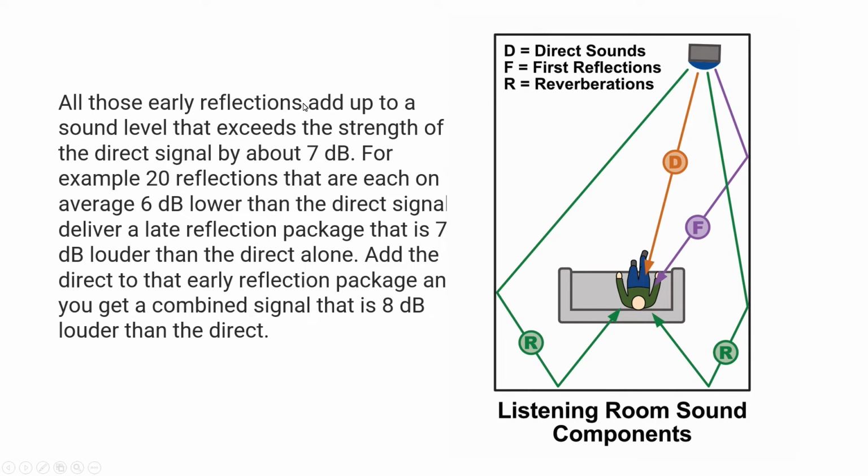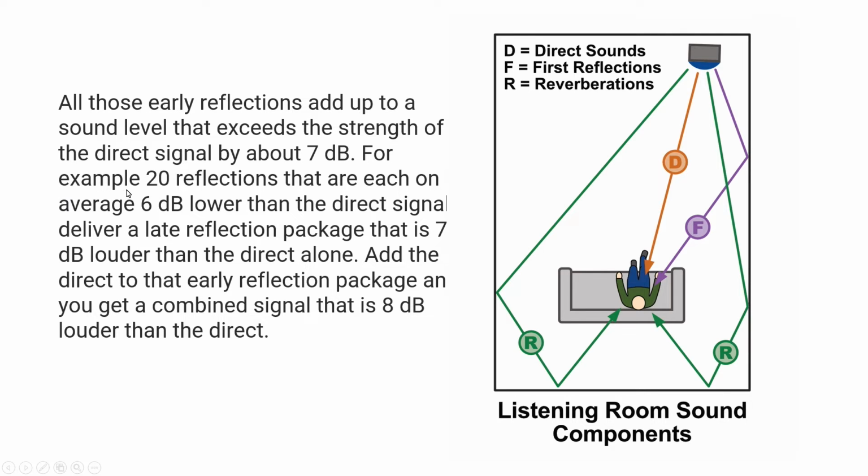One more thing. All those early reflections add up to a sound level that exceeds the strength of the direct signal by about 7 decibels. 7 decibels. And when we're talking about amplifier amplitude frequency characteristics of about 0.25 decibels, then we easily have a room effect of about 7 decibels.